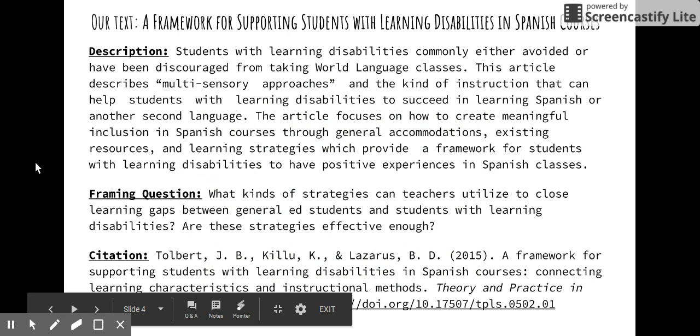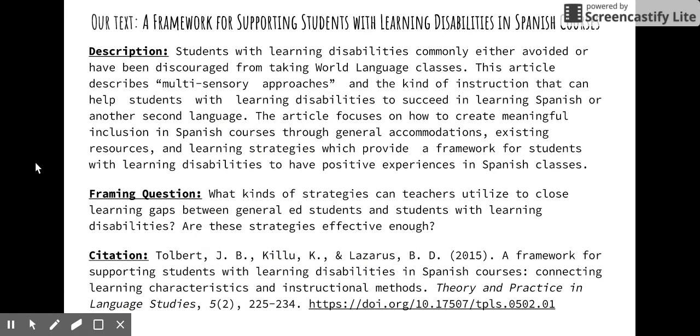So the text for this week that we looked at was a framework for supporting students with learning disabilities in Spanish courses. This text really focused on how in the past a lot of students with learning disabilities have been pulled out of world language classes or discouraged from taking them because they think they won't be successful in those kinds of classes.